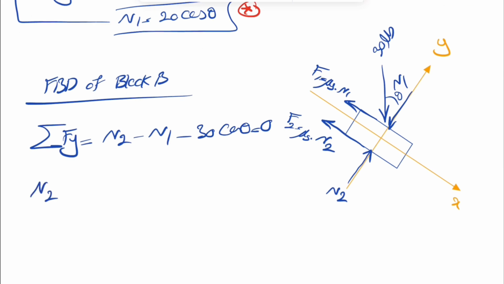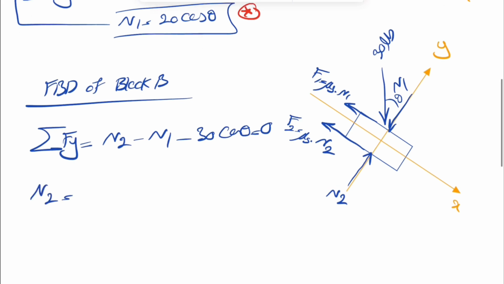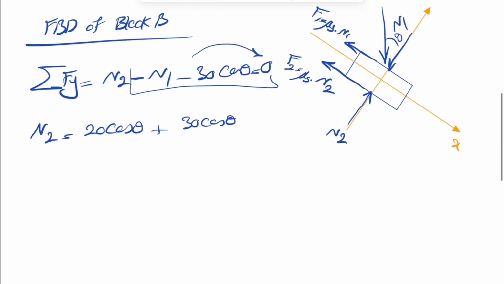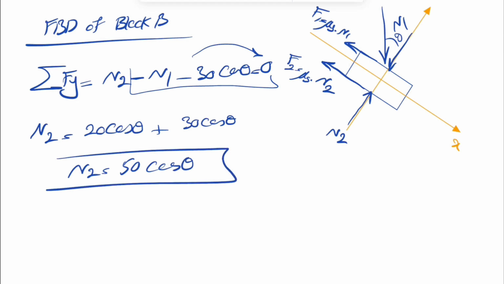So if we want to find N2, we basically have N1, which is what we found in the previous step, 20 cosine of theta, and all the signs will be positive because we are bringing this part to the right side of the equation. So plus 30 cosine of theta. So our N2 is equal to 50 times cosine of theta.